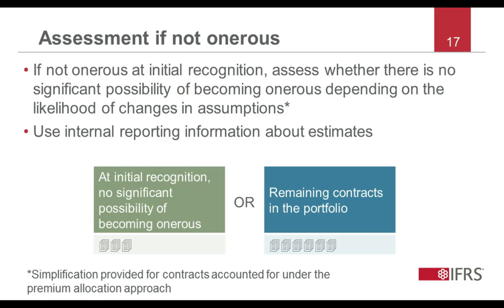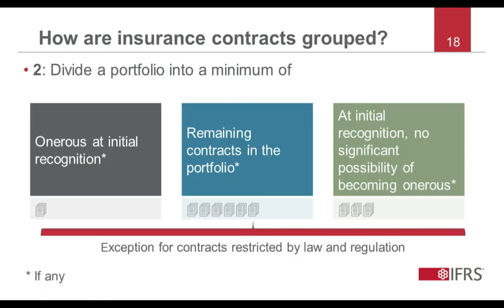The entity should use information from internal reporting. An entity is not required to gather any additional information about the effects of changes in assumptions on contracts beyond what is already gathered for internal reporting. There is a simplification for this requirement when the entity applies the optional premium allocation approach, which we will come on to later on.